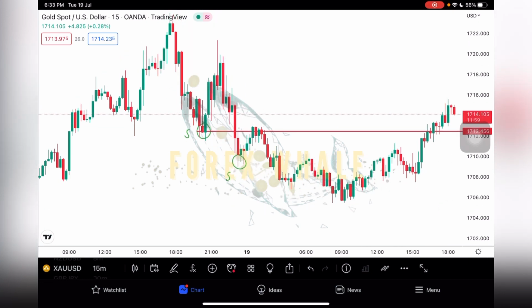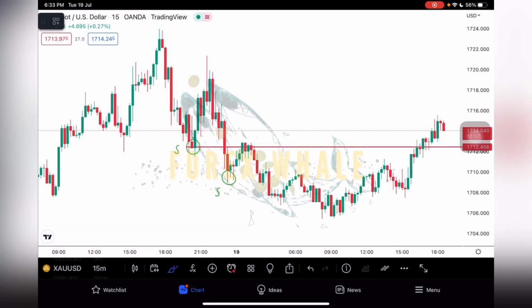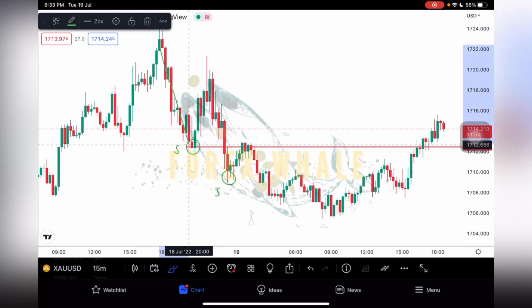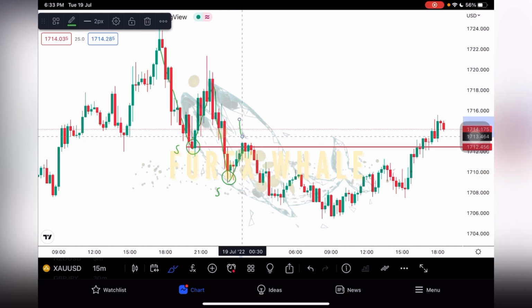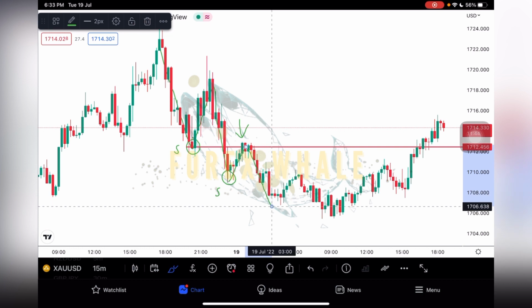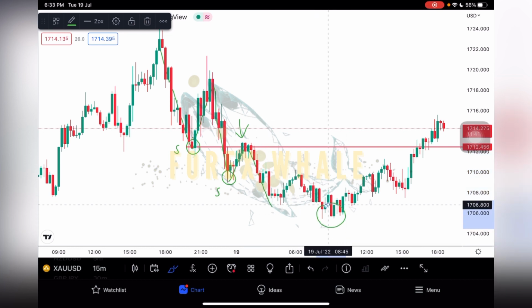You were looking for a buy at this area, but what happened instead? Price did a breakout. Okay, when price does a breakout, you wait for the pullback because there's already the breakout. You wait for the pullback, and then you place your first entry here. Okay, so it went all the way down right until here.